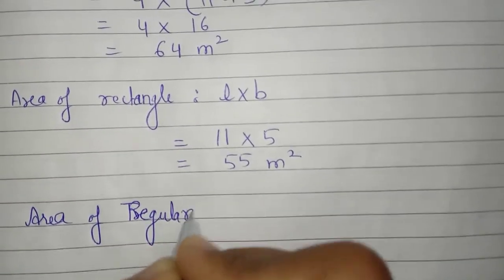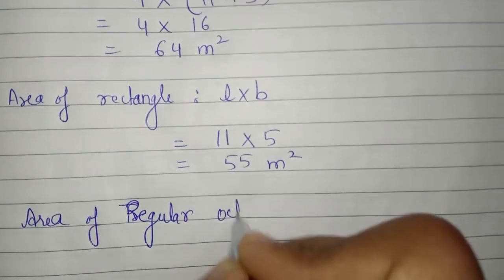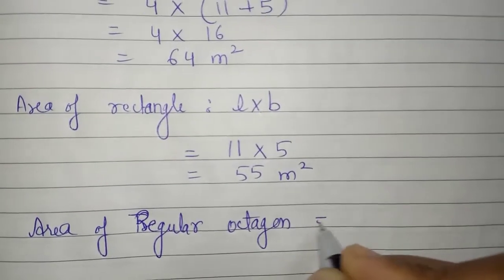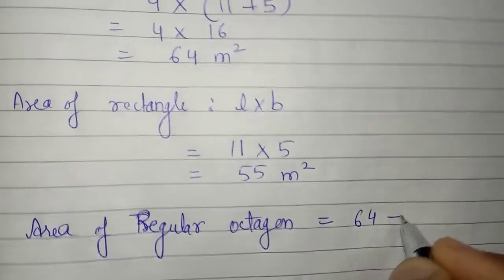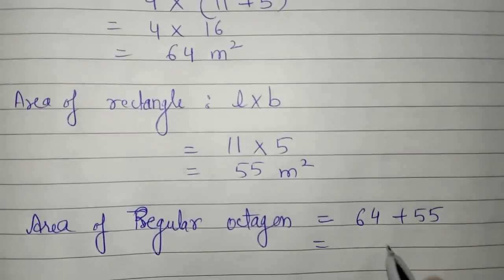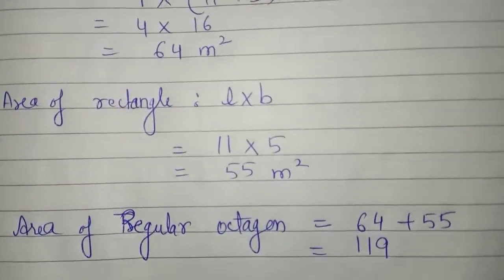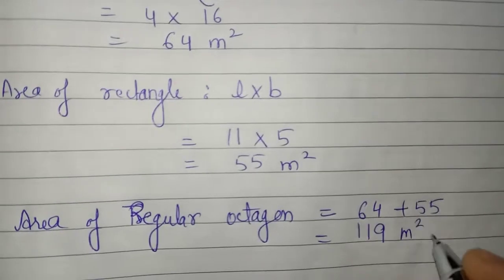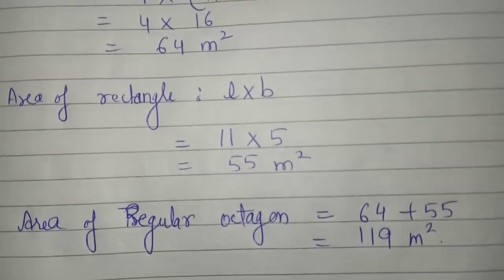Area of regular octagon is equal to 64 plus 55, that is equal to 119 meters square. We get the exact answer.